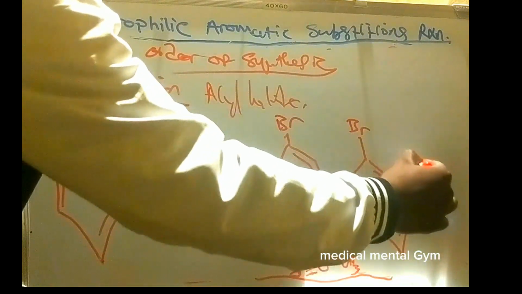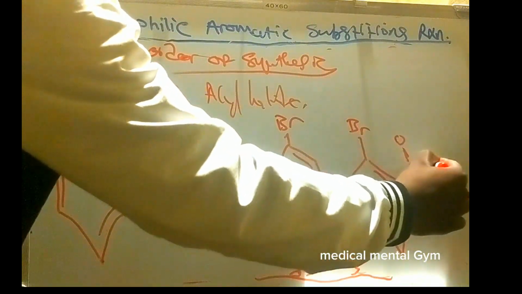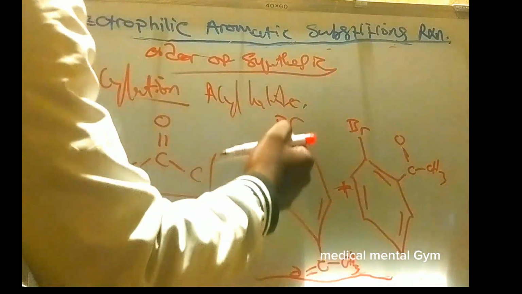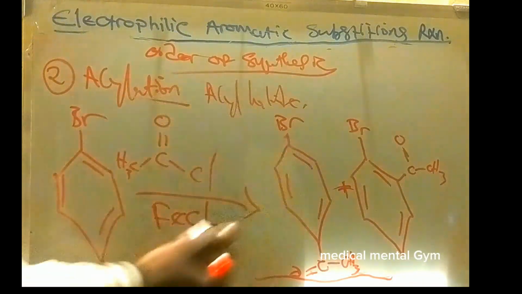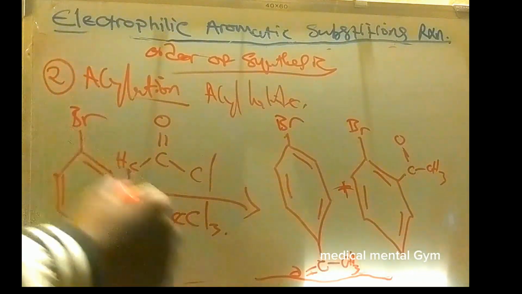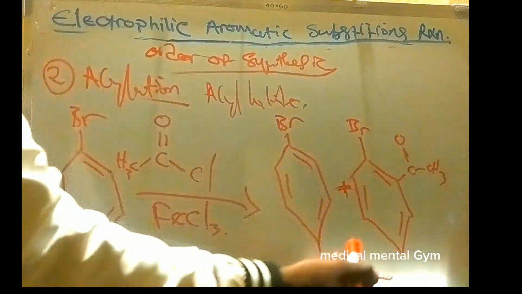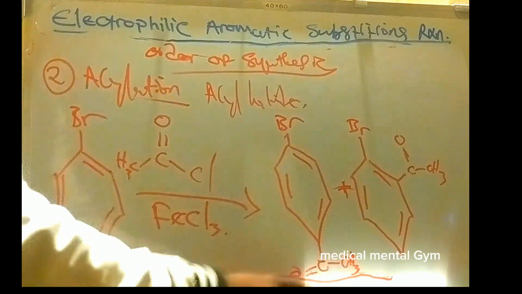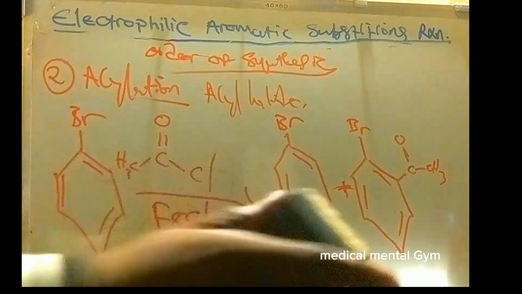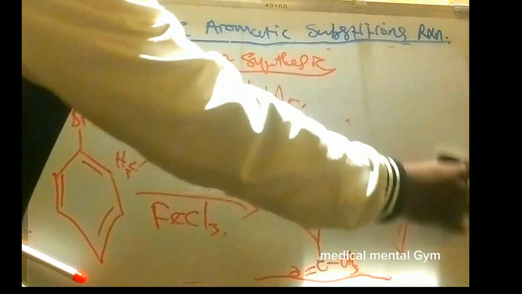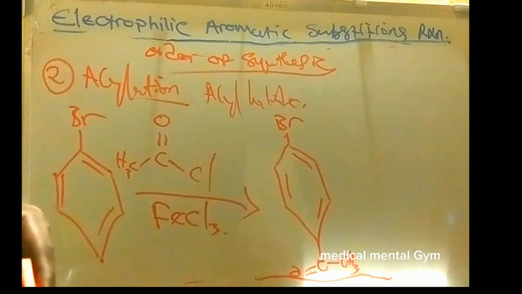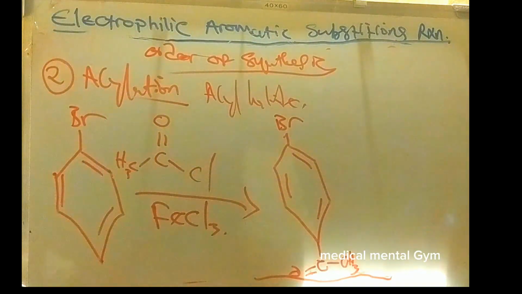So we have another product in this form, because the bromine itself is ortho-para directing, so there will be some percentage of ortho product formed and some percentage of para product formed. But in this synthesis, we are more particular to this product, the para product, because it's the one coinciding with our drug molecule.